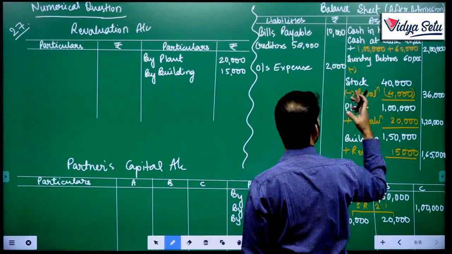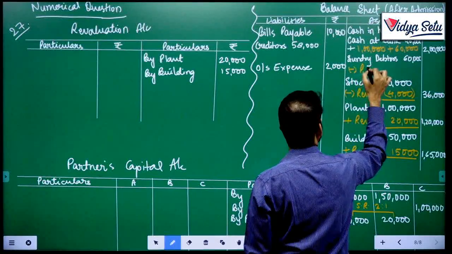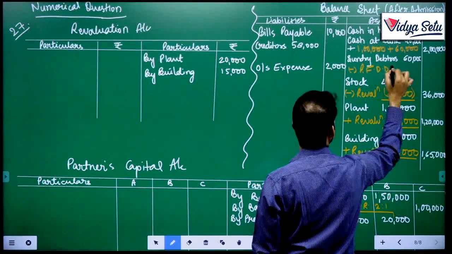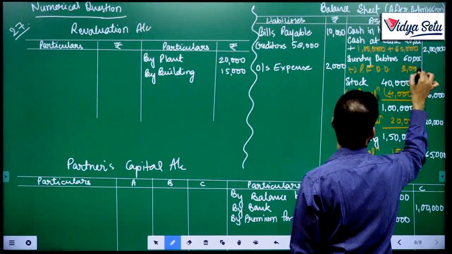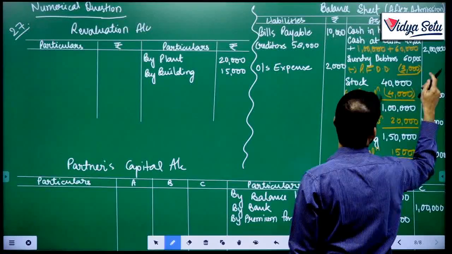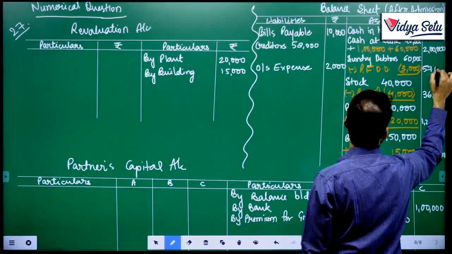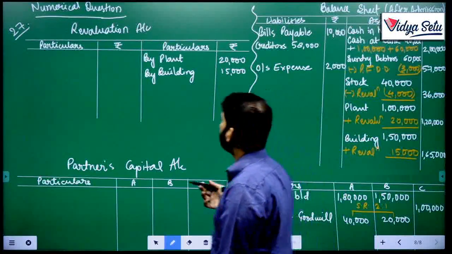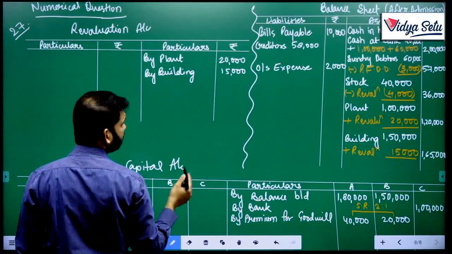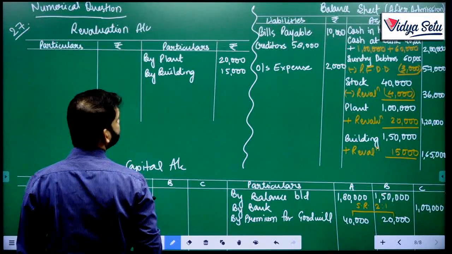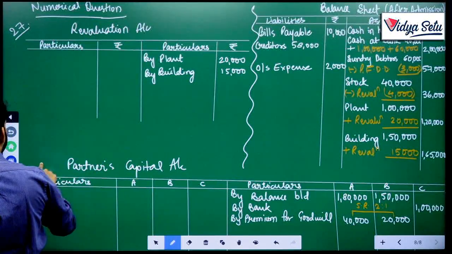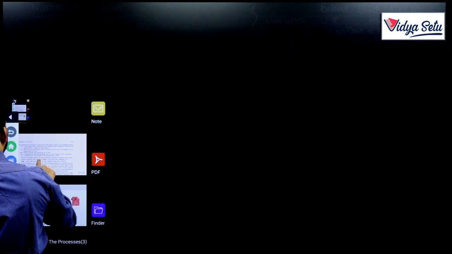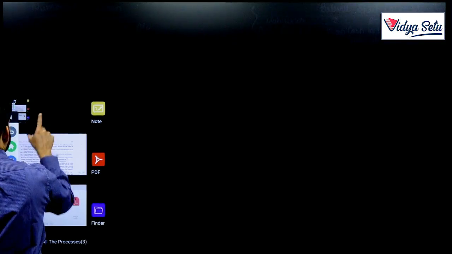It's a new liability coming in. 5% of 60,000 becomes 3,000. So this comes to 57,000. So a new liability is coming in, and stock, and there was something related to creditors: 1000.